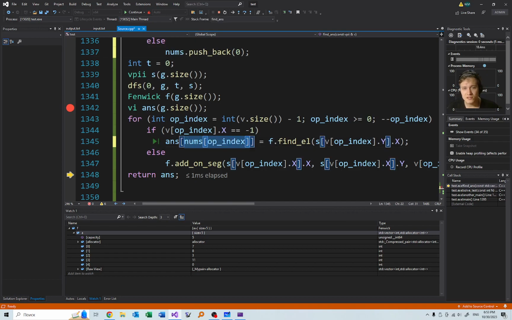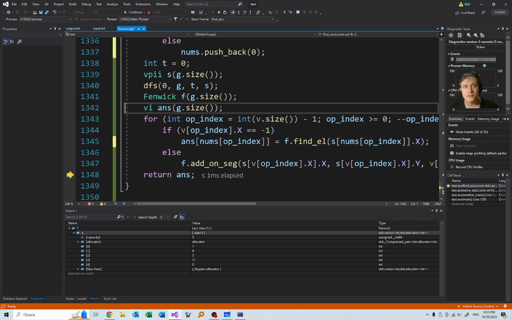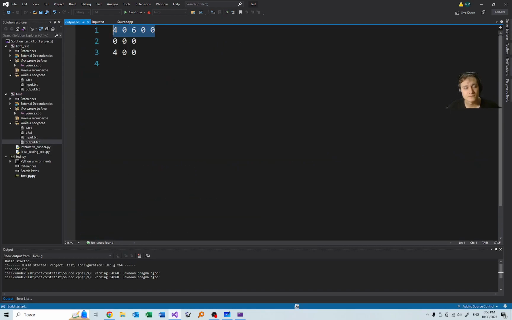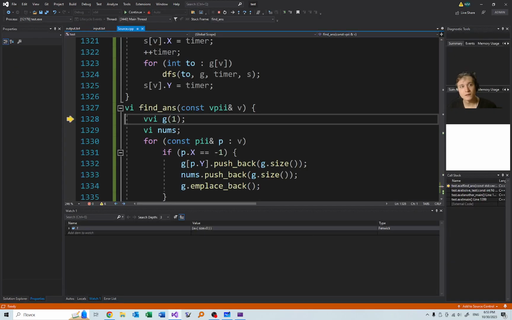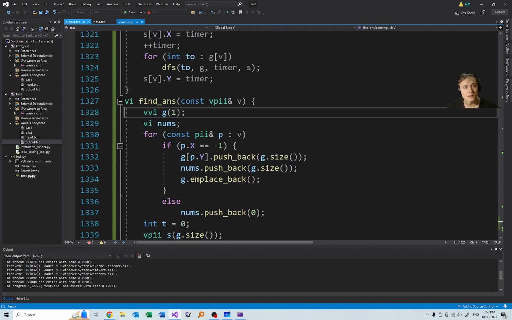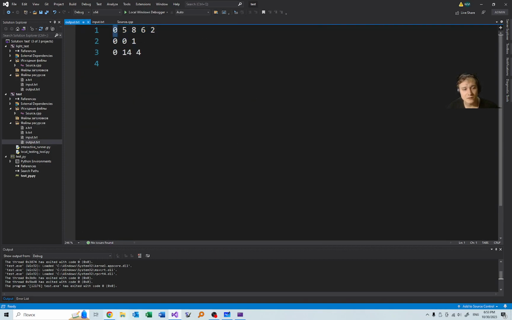And the same is here. I need nums of op index, then I need to renumerate it by s, and I need to find the element. Now this element will be 0.